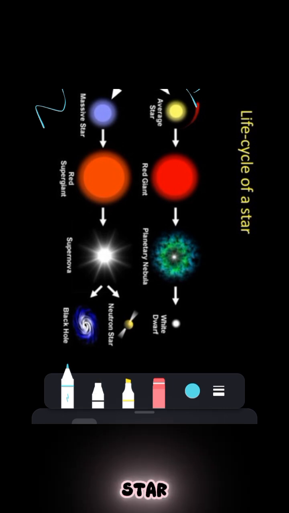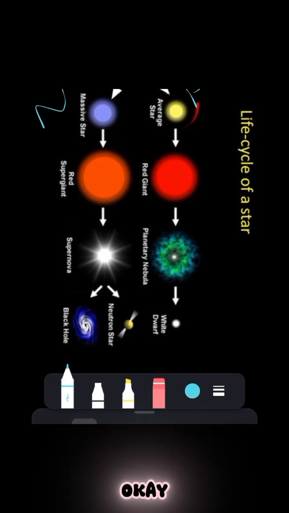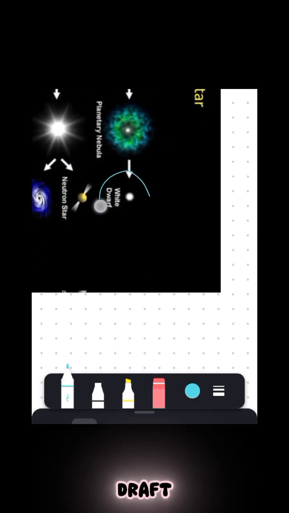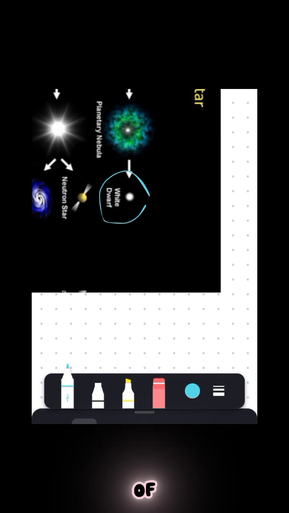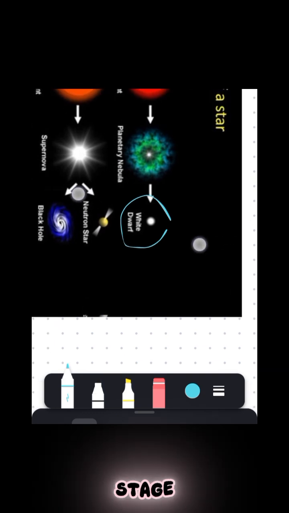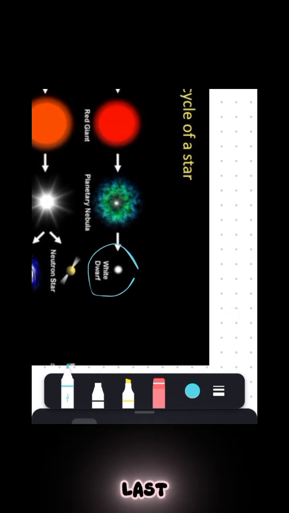After this comes a planetary nebula, where the outer layers float away into space. After this we have a white dwarf, the last stage of a star. Only a small hot core is left, and this is the final stage in path 1.